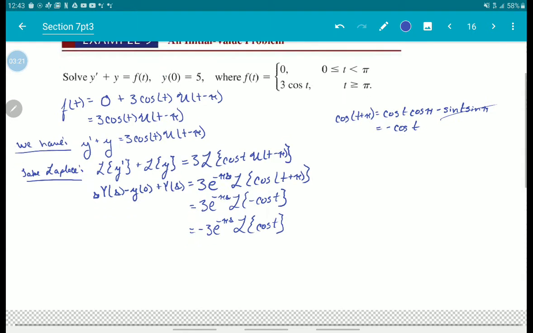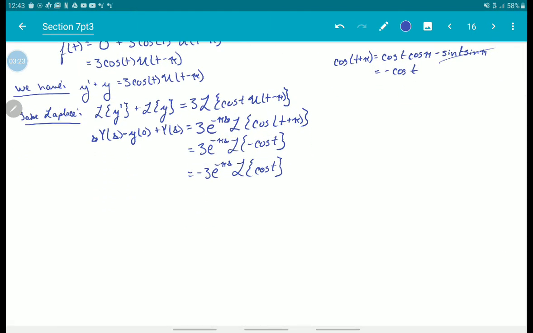So I'm just working with our right-hand side right now. This was just some scratch work to simplify. So I'm going to box it off. The Laplace of cosine of t is s over s squared plus 1.